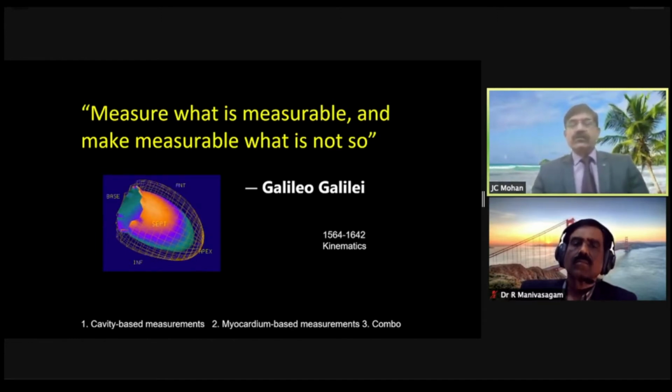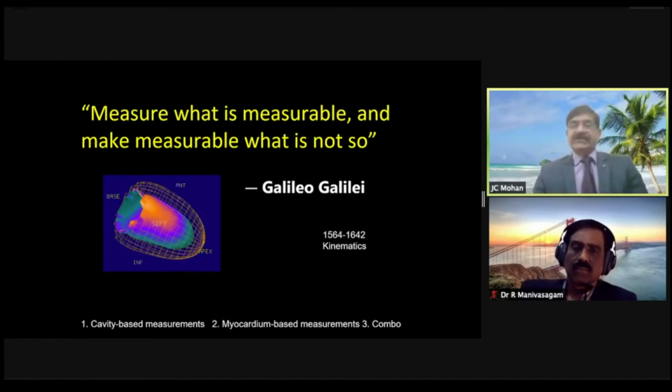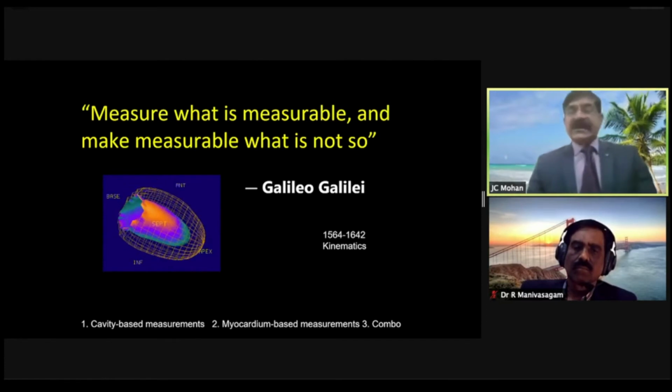Soon we moved on to myocardial-based measurements in the form of tissue velocity imaging, mid-wall circumferential shortening, and now, of course, strain imaging. And of course, the future belongs to combination measurements, which means we will be combining parameters of myocardial as well as cavity-based measurements.